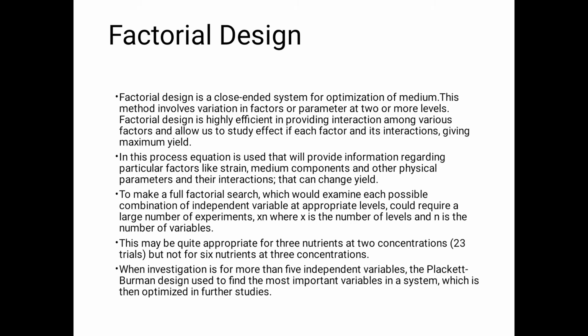If there are x number of levels and n number of variables, you have to actually do x raised to n experiments. So it is a very time consuming and cumbersome process. Also this may be only appropriate for 3 ingredients at two concentrations.